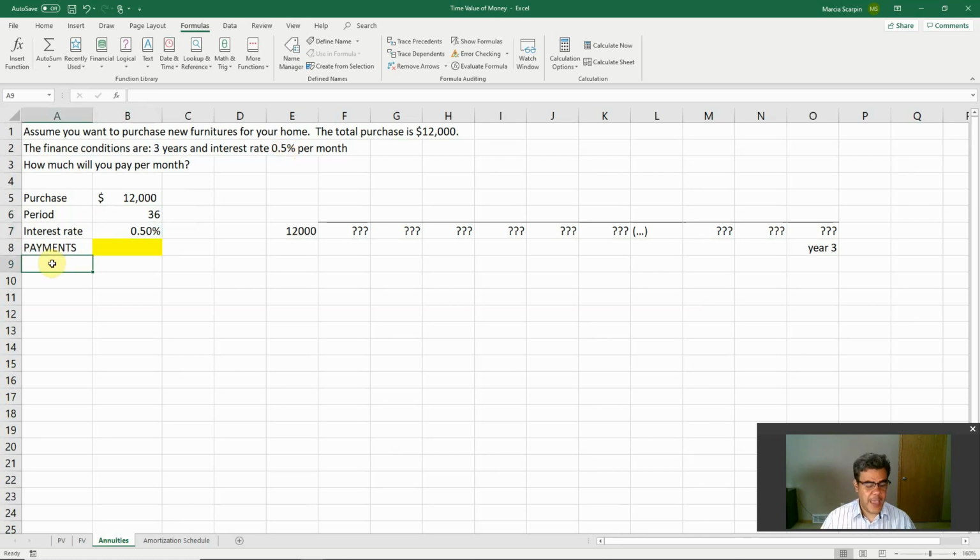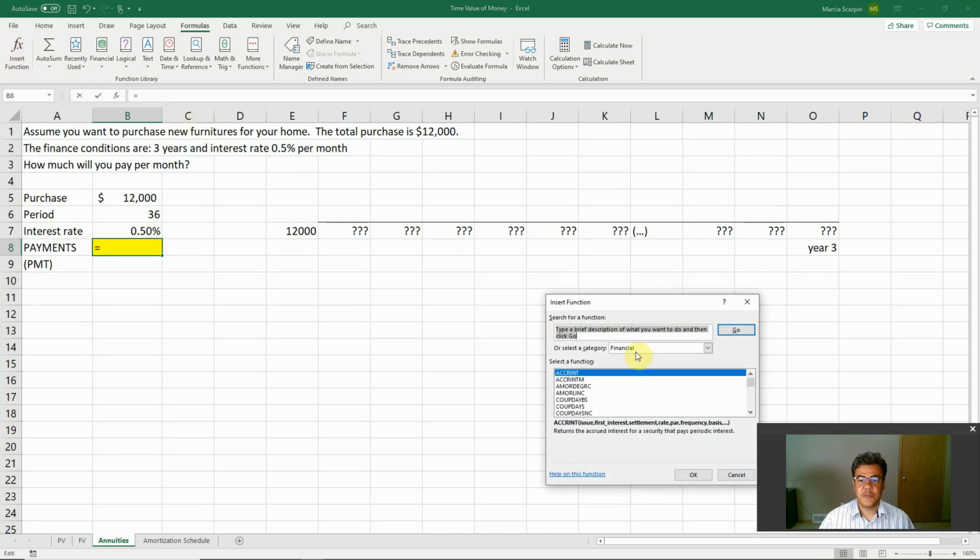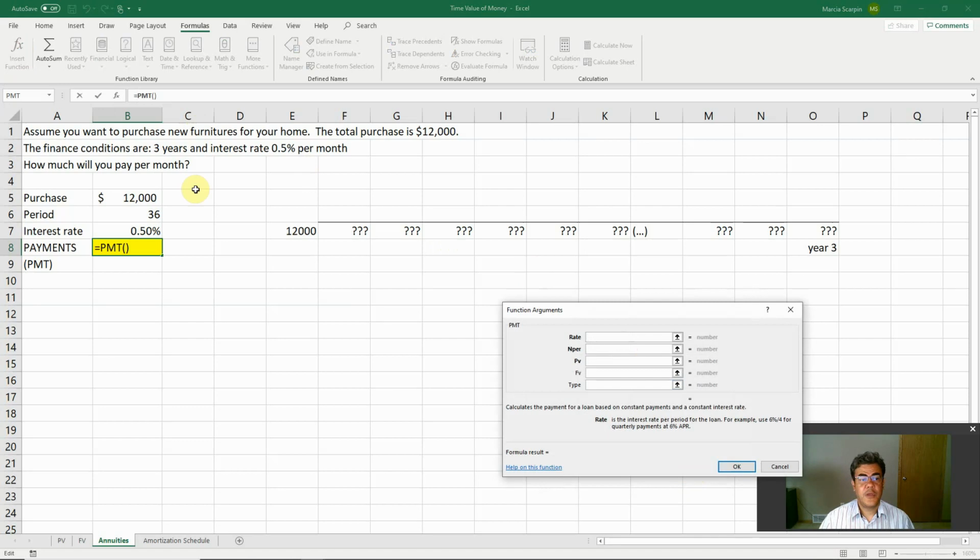When we are talking about payments, when we work with time value of money, it is the PMT formula. Not only in Excel, but in a lot of financial calculators, it is the PMT. So let's find the function here. Function, financial. Usually it goes here, most recently used, but let's go to financial. PMT, type P, and let's here, PMT rate, 0.5.